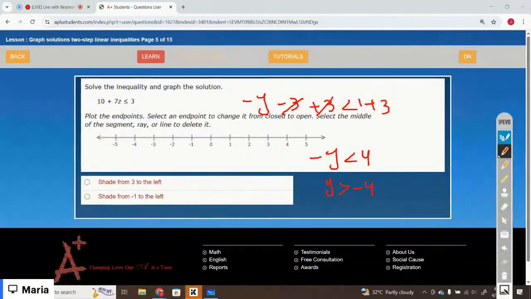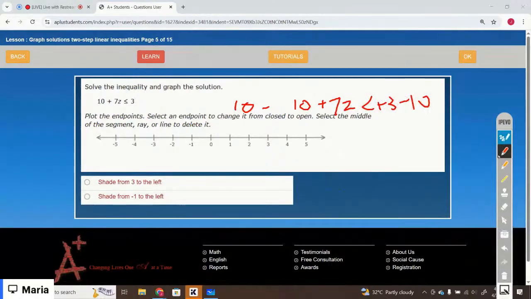10 plus 7z is less than or equal to 3. Subtract 10 from both sides. 7z is less than or equal to negative 7. z is less than or equal to negative 1.